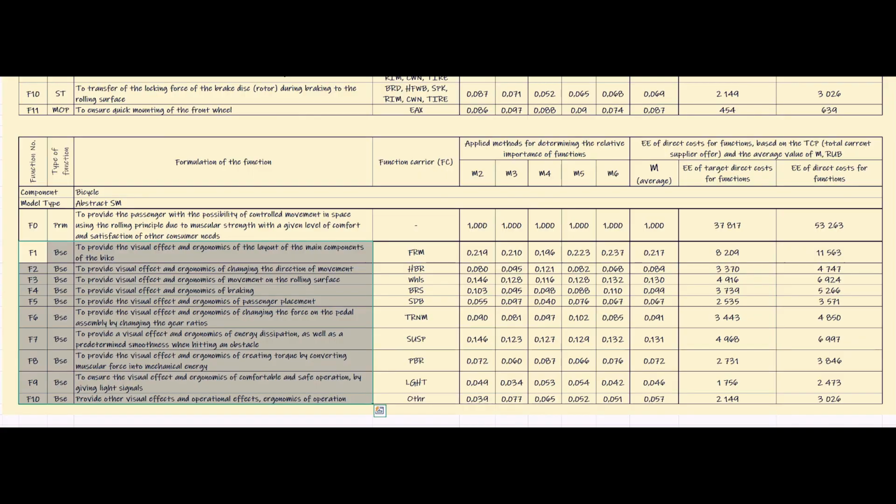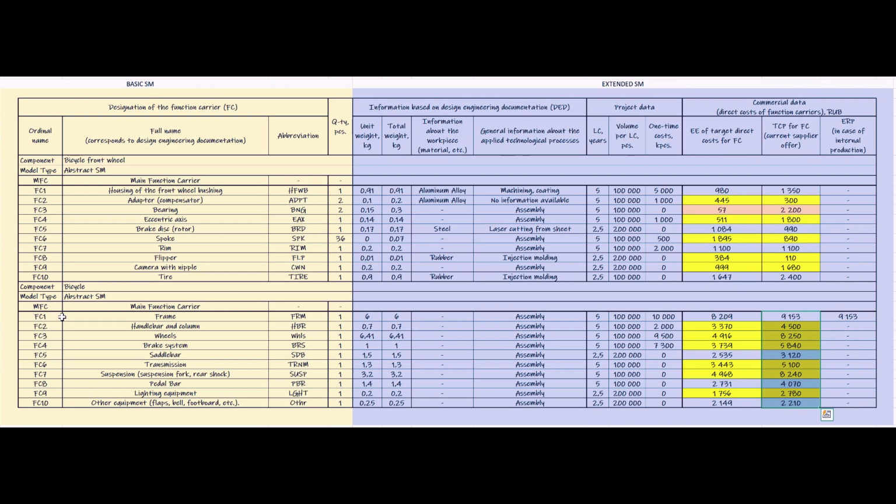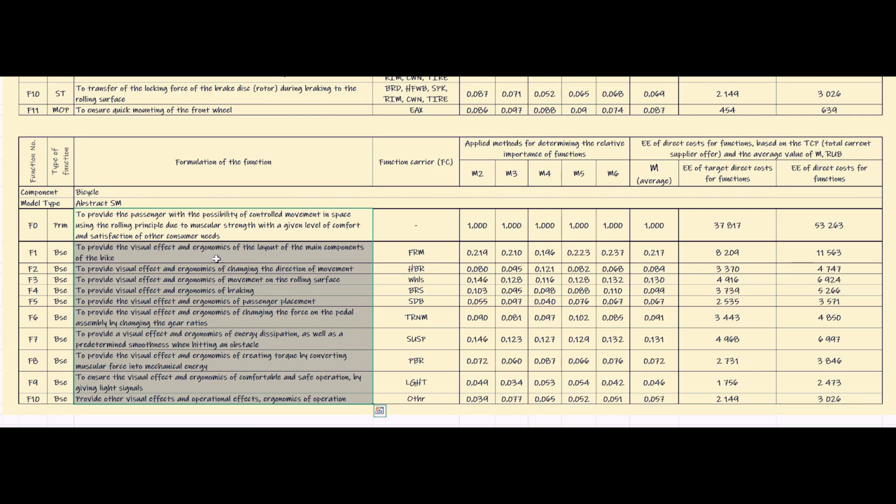An abstract function describing its functionality is formulated for each of the function carriers. So, we have, first, 10 function carriers with dimensional drawings and models; second, 10 commercial offers for each of the components; and third, 10 formulated functions. Thus, in the case of applying the method of complex formulation, the principle of one carrier equals one function equals one price takes place.